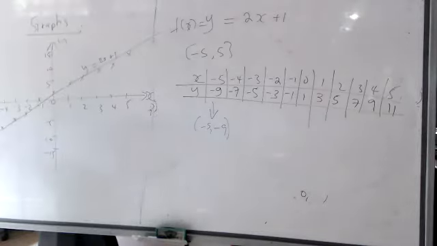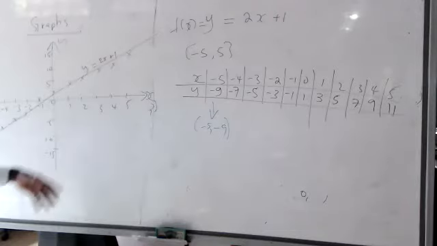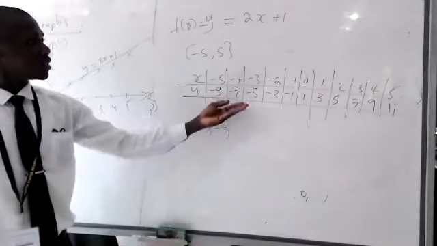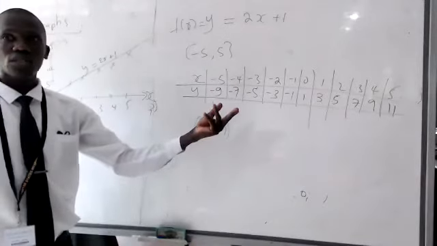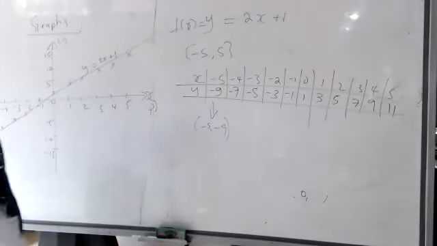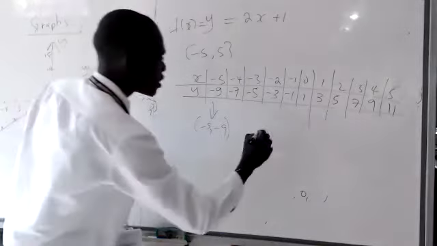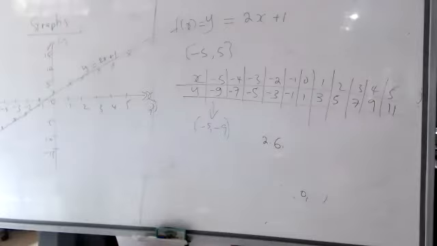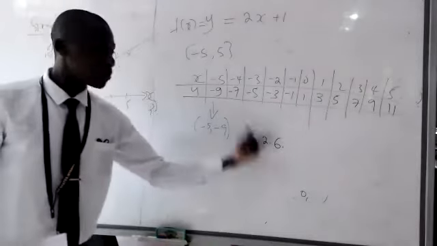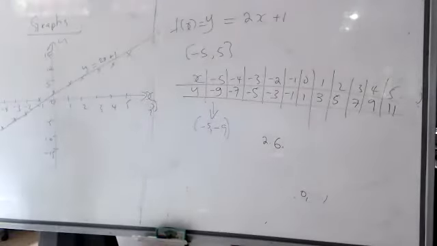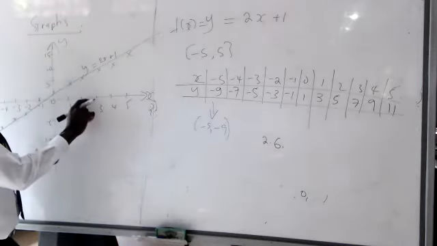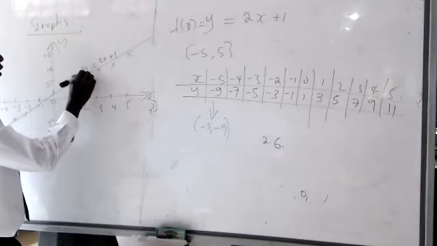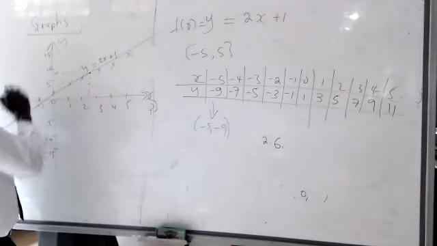Now, when you were drawing your graph, you only had integer values as the coordinates. I could ask you, for example, what will be the value of the function at, let's say, the point 2.6? Then you look for 2.6 on this horizontal axis, draw a vertical line to where it meets the graph, go across to the vertical axis, and read that value.